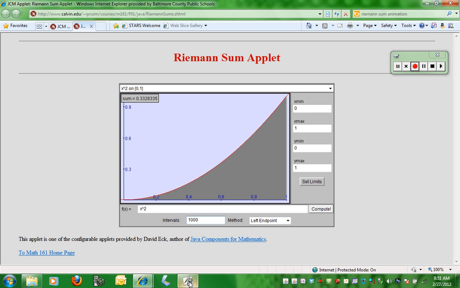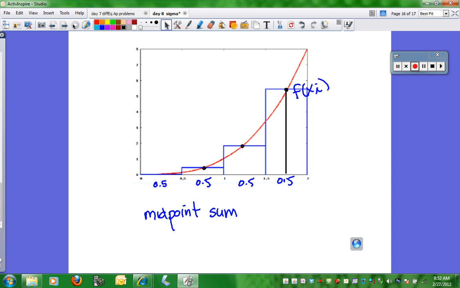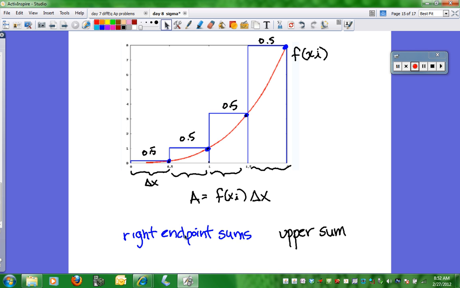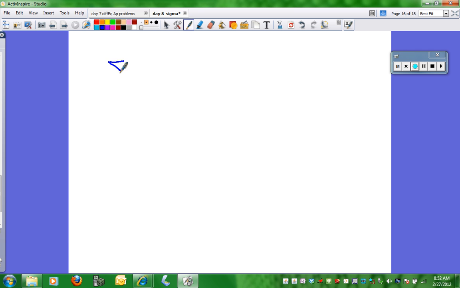So let's go back to our slide here, and let's go back to our right endpoint sums just to show you. It doesn't matter, it's true for all. They wanted to take an infinite number of these areas. Well, first off, they used this sigma thing.